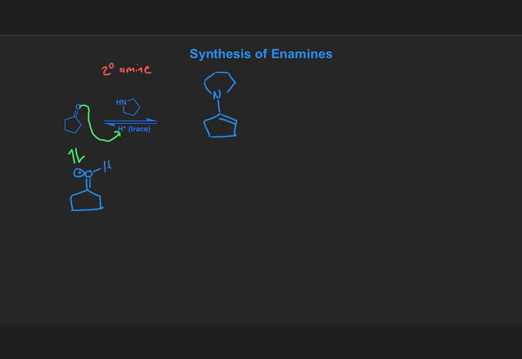I'm going to skip drawing that this time and just attack this resonance structure directly with the nucleophilic nitrogen, and that's going to kick up those electrons on oxygen to produce a tetrahedral intermediate with the cyclic amine here, this protonated.